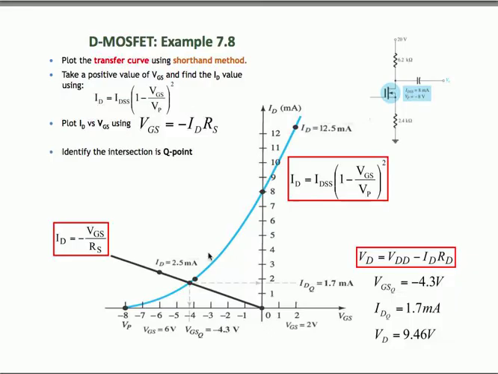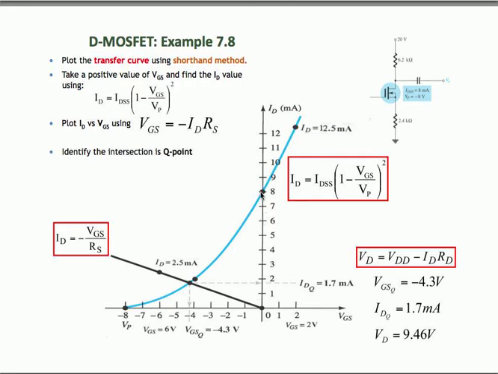So how you solve this is by using the same familiar steps which you have learned previously. First, you start by plotting the transfer curve of the D-MOSFET using the shorthand method. Using that method, you will get this curve here when the applied gate bias is negative.